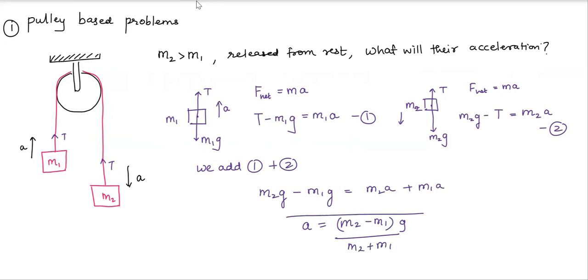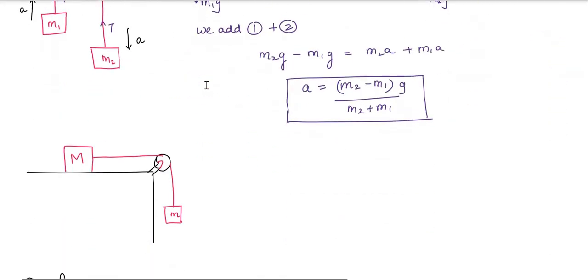So you can see that we have got a useful equation for acceleration. The procedure here is always: you start with a free body diagram, write the equation of motion, that is net force is equal to mass times acceleration, and then we can work out the answer.